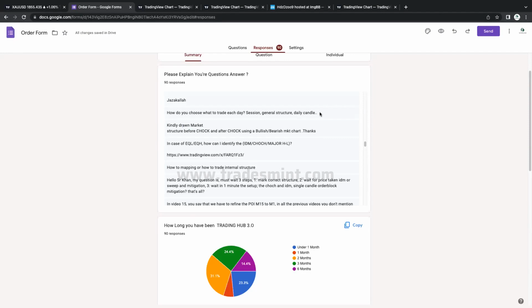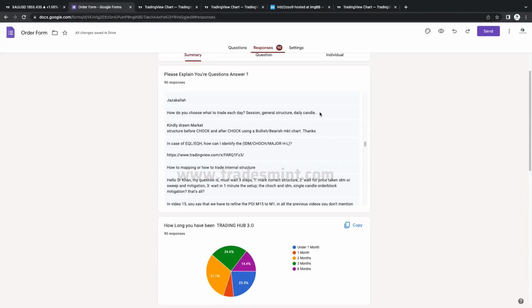Sometimes you will see the market break the high or low in the Asian session, but sometimes it takes a lot of time. And in a session, most of the time the market breaks the previous session high or low, and most of the time you will get an entry. And with a structure based entry, you can take the entry and hold a little bit, right? Then you can use a structure based entry module.